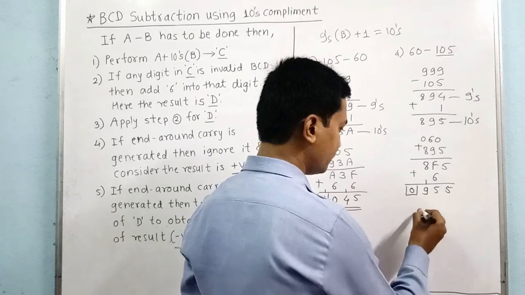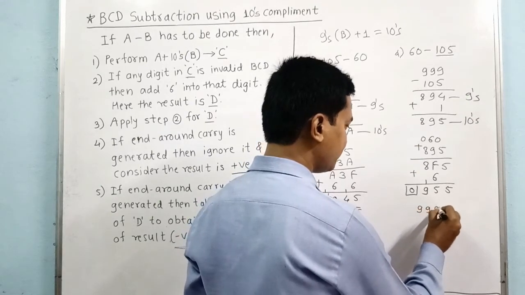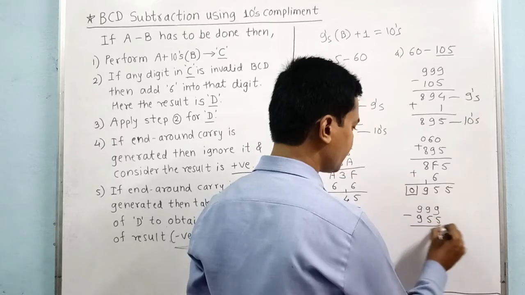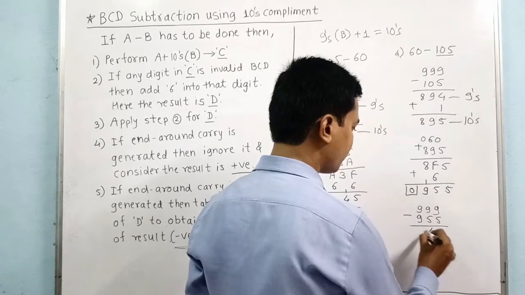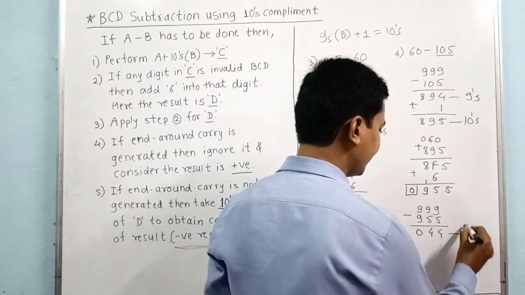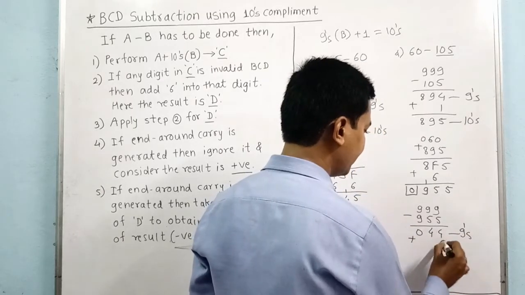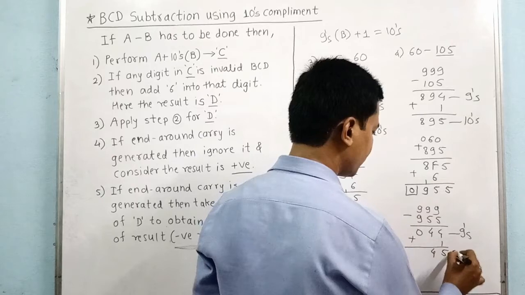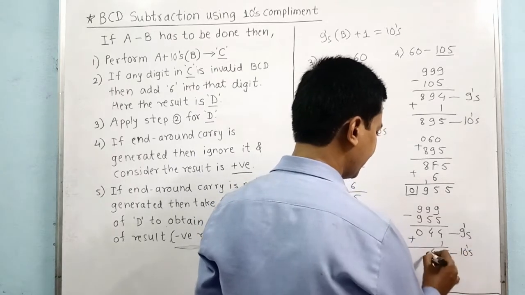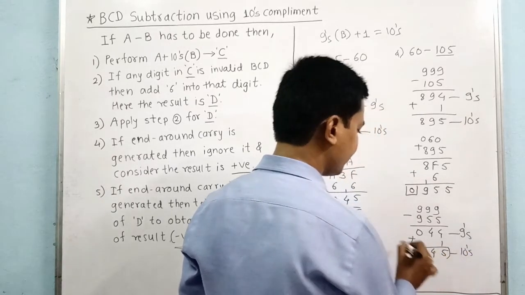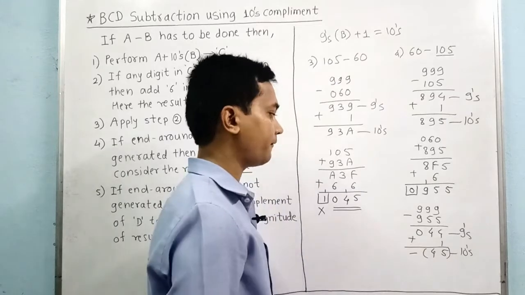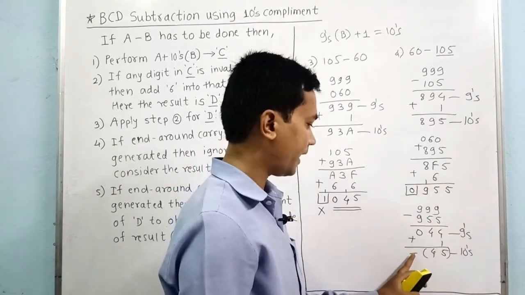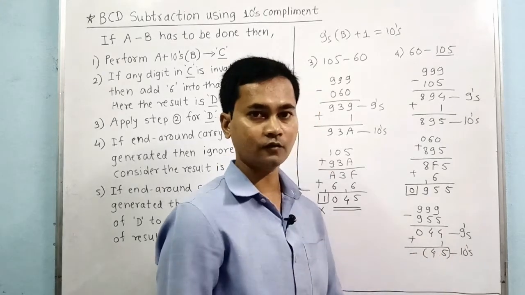So 999 minus 955 is 044. This is the nines complement, and add 1 into it, 045. So this is the tens complement, but this magnitude is actually minus 45. So 955 means minus 45 in tens complement.